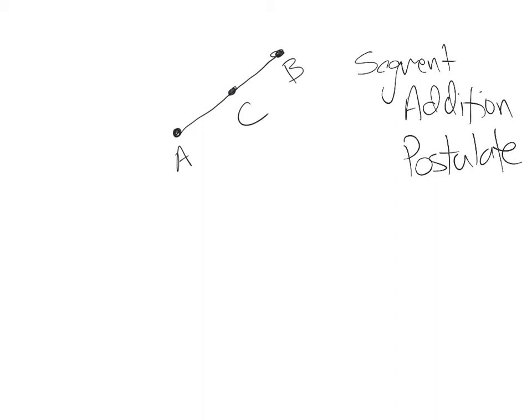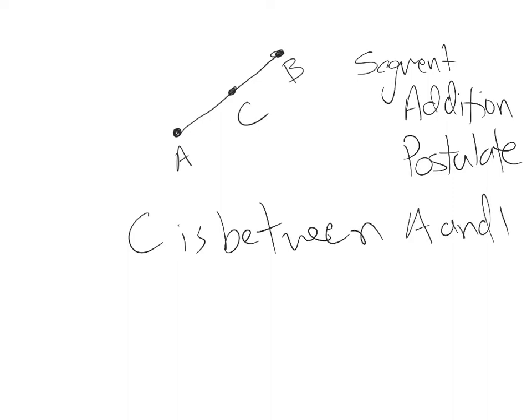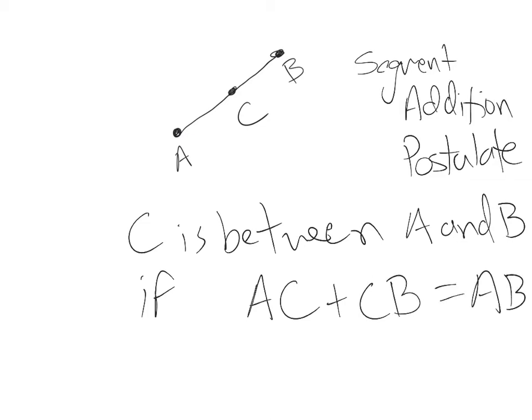The segment addition postulate says that C is between A and B if AC, so that distance, that length, AC, plus CB, that length, equals the total length of AB.